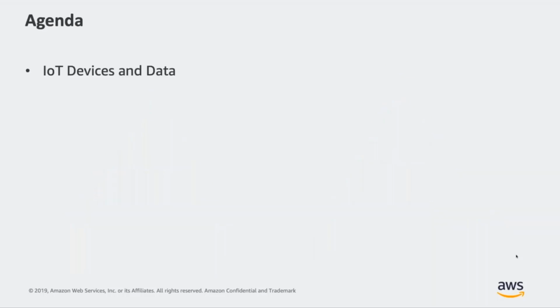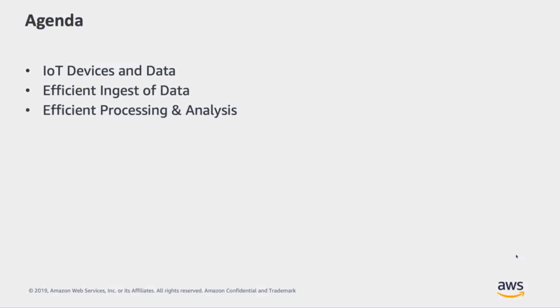So here's the agenda for today. We'll start off with looking at IoT devices and the data that is generated by these IoT devices. Then we will talk about efficient ingest of this data. We'll talk about processing the data that was ingested in an efficient manner and how to analyze this data.